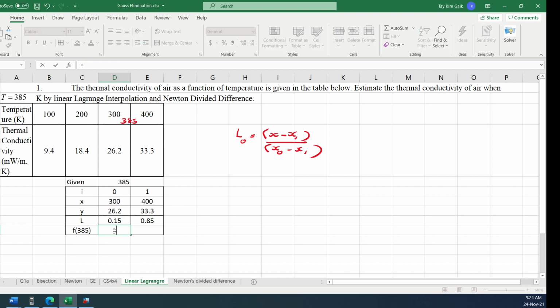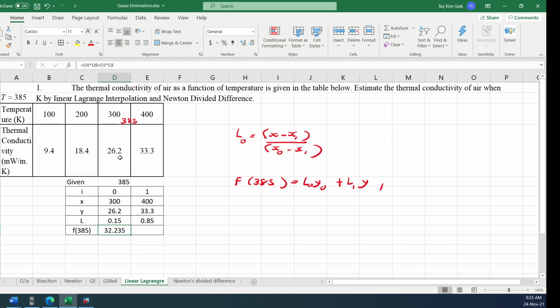Now the answer will be L0 multiplied by y0 plus L1 multiplied by y1, which gives you F385 exactly.